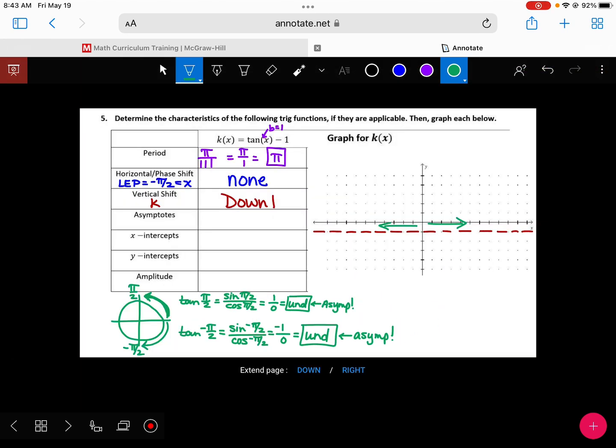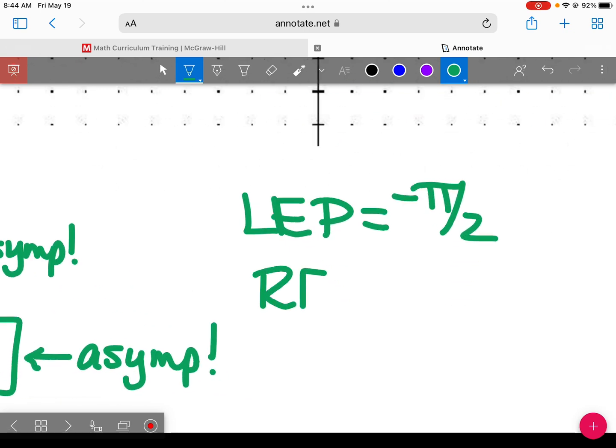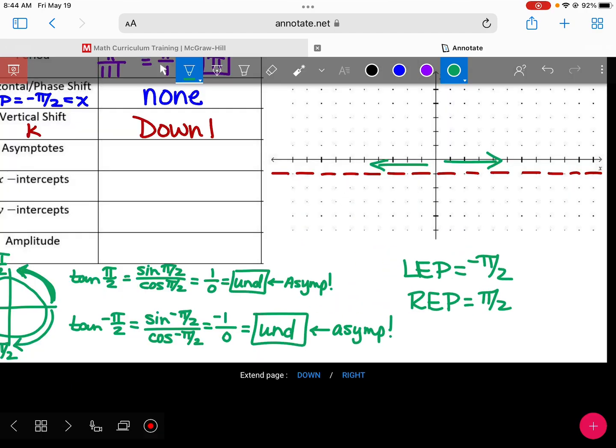Does that help with how I knew my left endpoint was going to be at -pi over 2? And so then my right endpoint, since I don't have a phase shift, will be at pi over 2. So LEP is -pi over 2. REP is pi over 2.